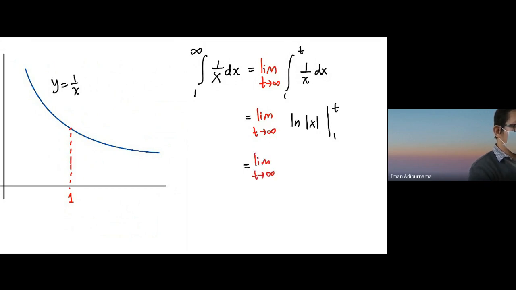Now we will have ln t minus ln 1, or in our case here it is ln t, because ln 1 is 0.